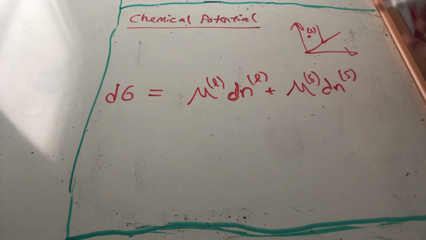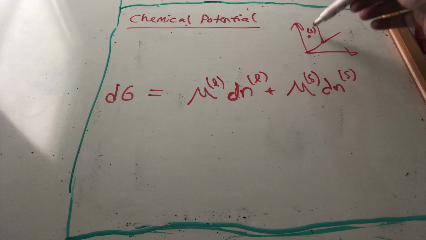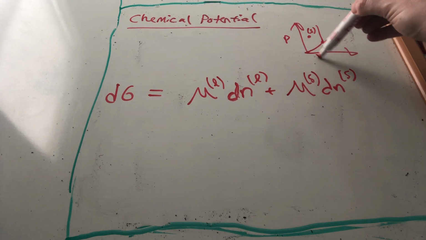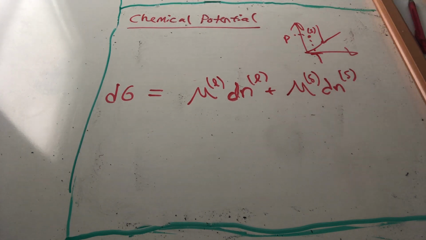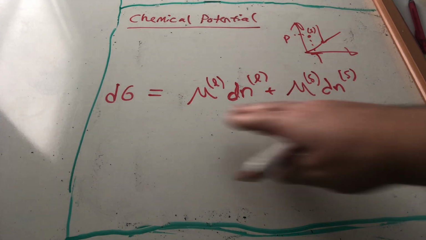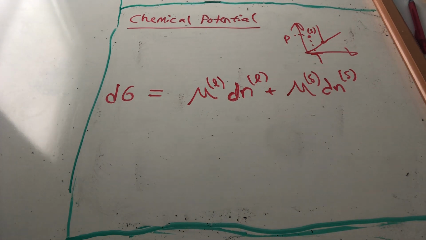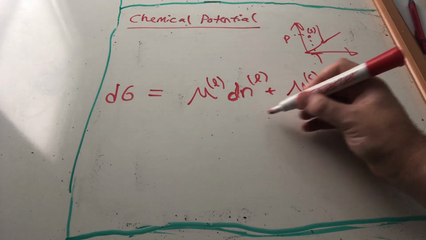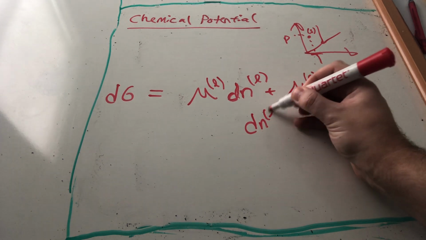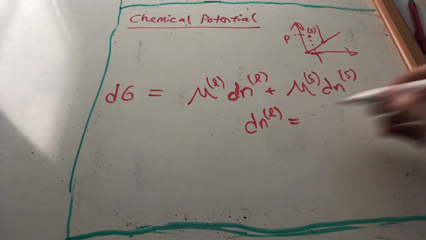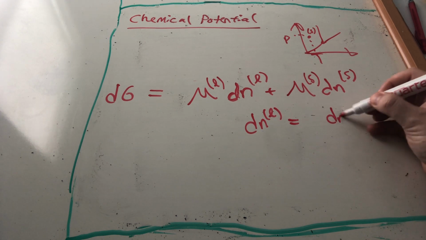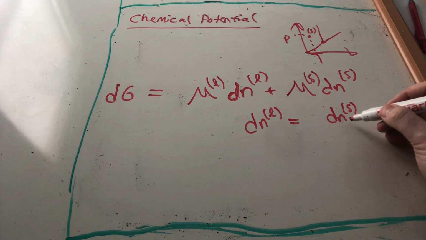Now, we know that we want a solid, but imagine that I introduce at this P and at this T a bunch of liquid. We know it's going to solidify based off our understanding of the phase diagram. But what does chemical potential do to take that liquid and make it a solid? Well, let's understand something. If I have a liquid, and this is the change in the number of moles of a liquid, how does that relate to the change in the number of moles of solid?